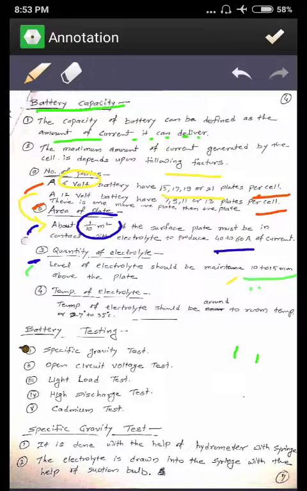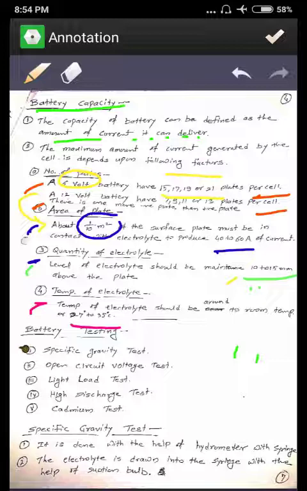And the last point is temperature of electrolyte. This electrolyte should be around room temperature, or around 27 to 35 degrees Celsius, so that it can produce the maximum amount of current.